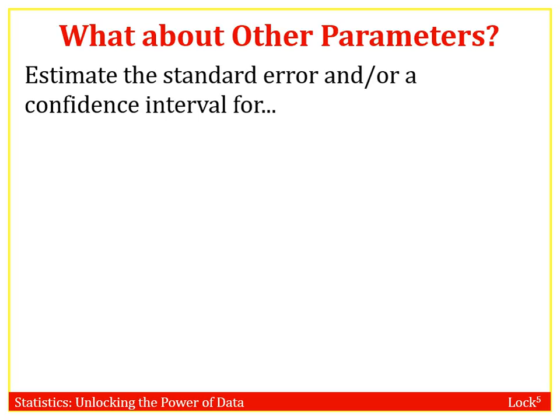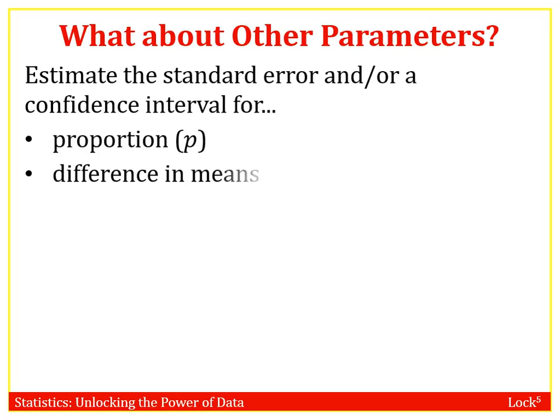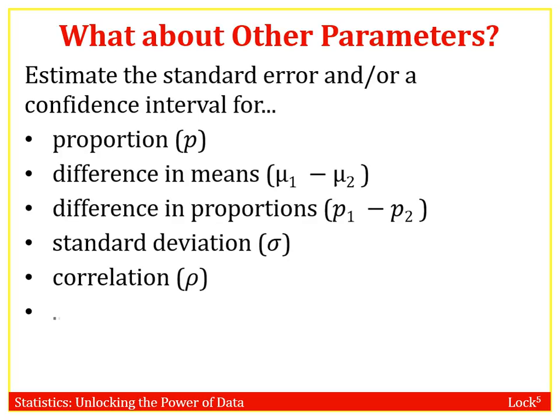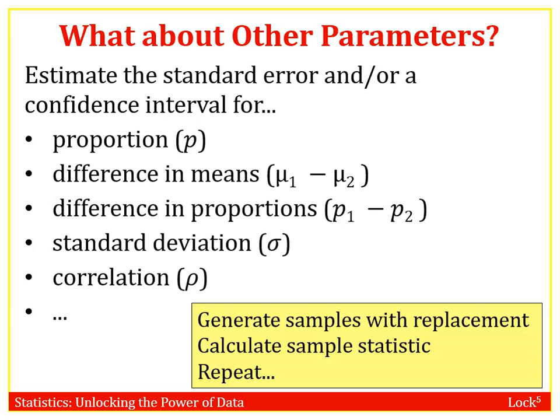So, does this work for other statistics when we're estimating those different parameters? Yes. Pretty much we're going to use the exact same process, whether we're dealing with proportions, difference in means, difference in proportions, our standard deviation, or our correlation.